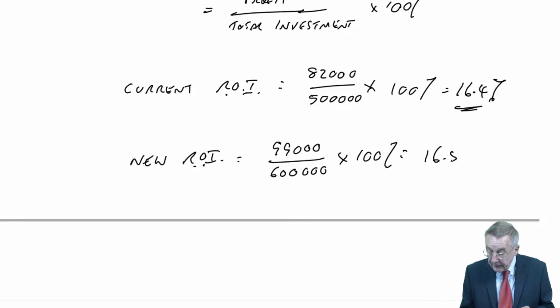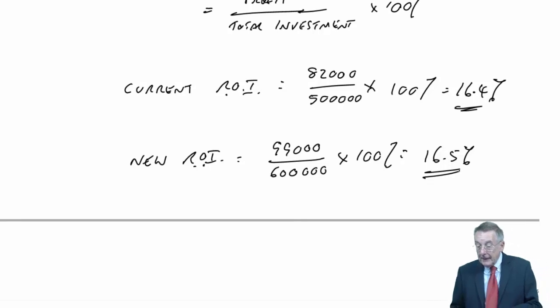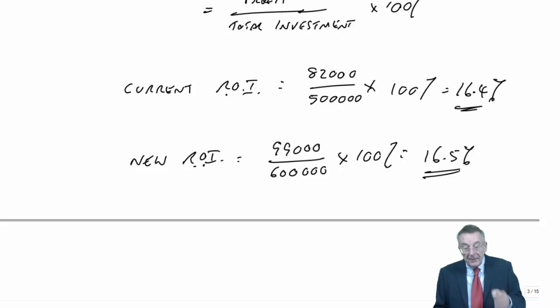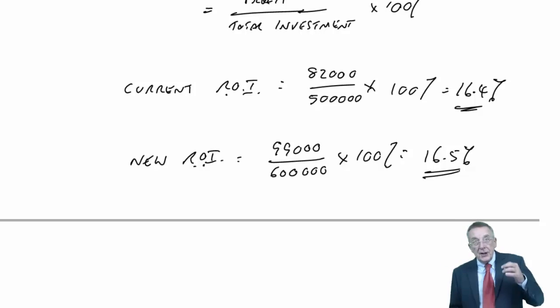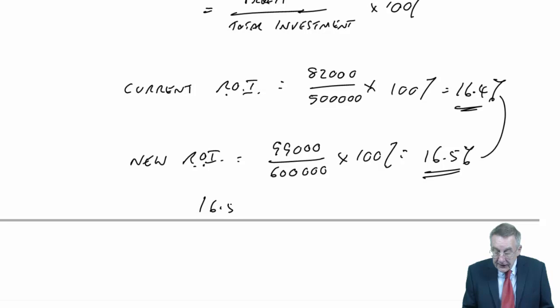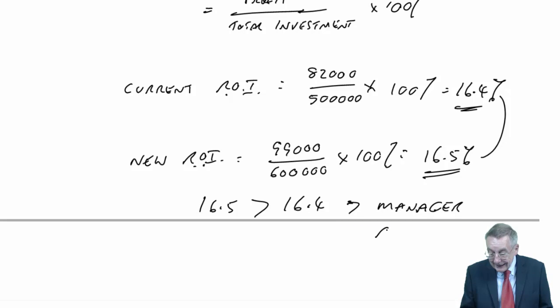It'll go to 16.5%. What will a manager do? All the manager cares about is what they're being measured on. So compare the two: 16.5 is greater than 16.4. Therefore, the manager will accept, or will invest.